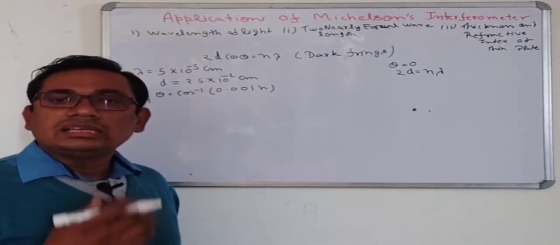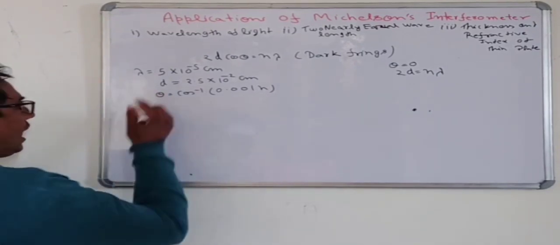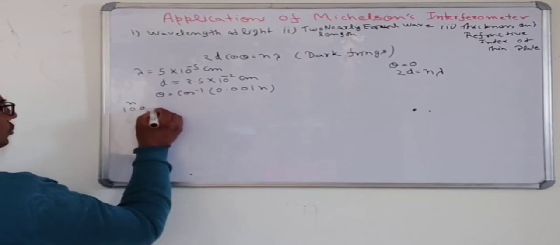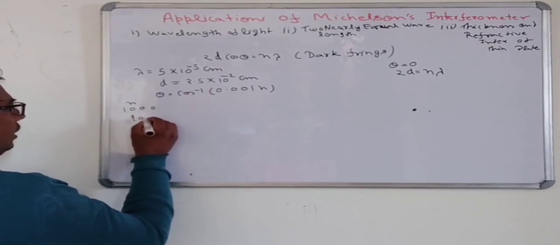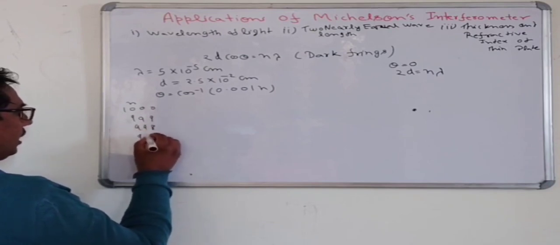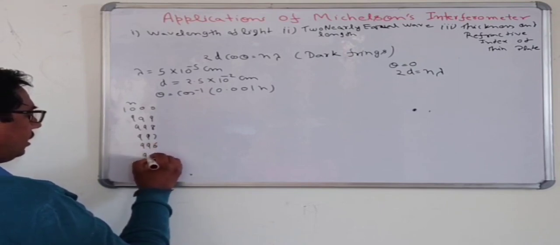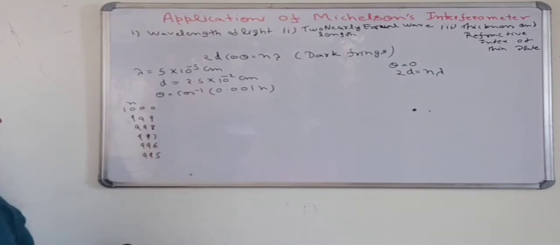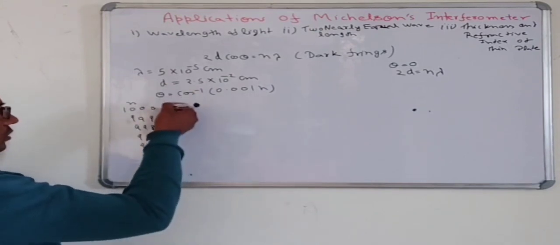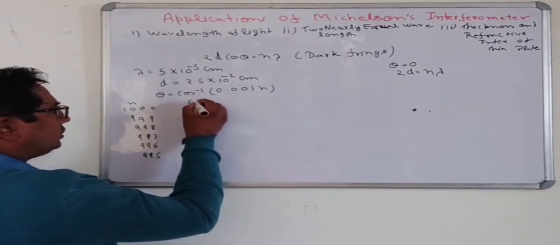Now when n is equal to 1000, 999, 998, 997, 996 and 995, what is the value of theta?